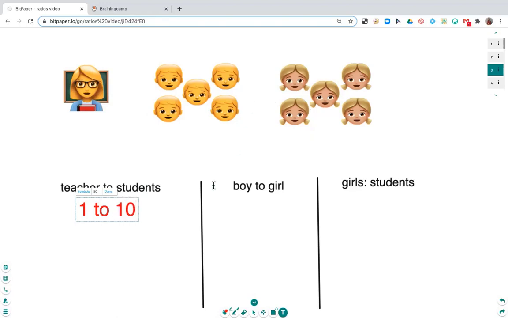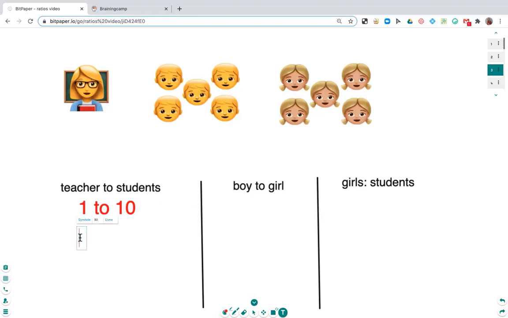Notice I made a pattern of 10 here. We do that a lot at Made for Math. We try to put visuals and patterns to make it easier to recognize. That's called subitizing. So it's a 1 to 10 ratio. We could not write that as 10 to 1 because that would be the wrong order. We have to go in the order of how it's written.